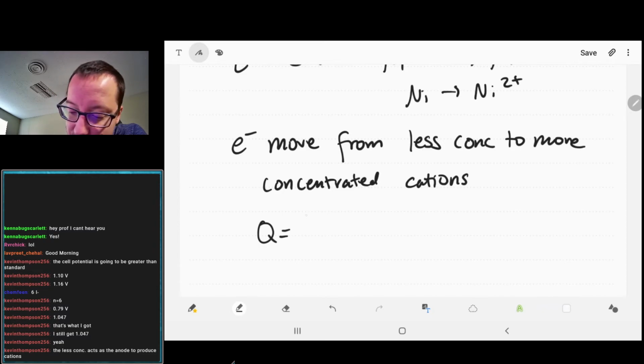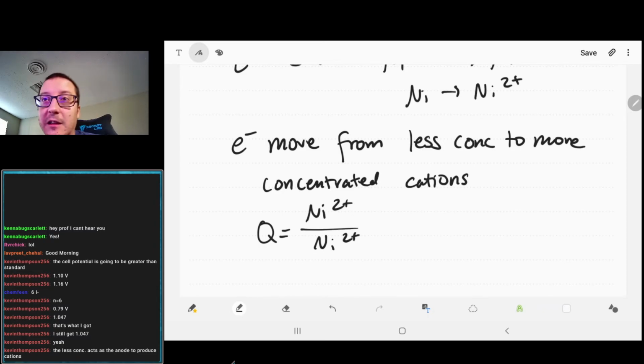We're going to have nickel and nickel, right? Exciting stuff. But we're going to see that the actual potential for this thing, remember, is 0 for standard conditions. But we're going to have kind of the concentrated one and the dilute one here.